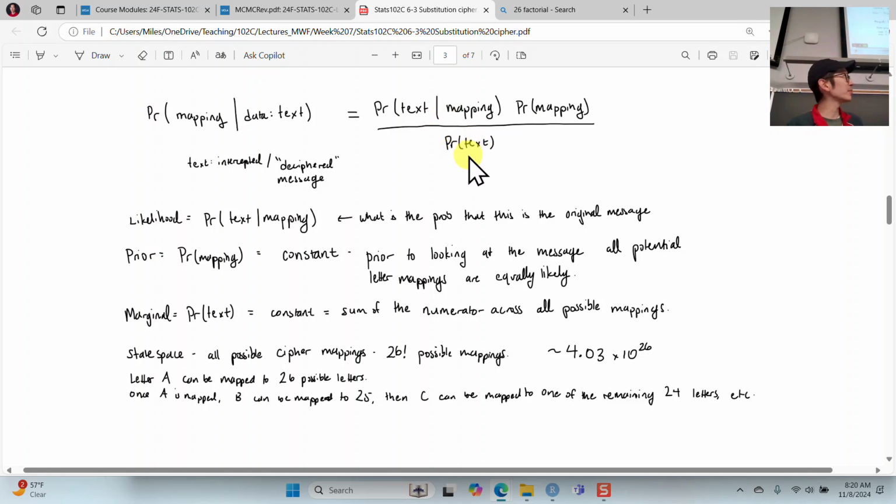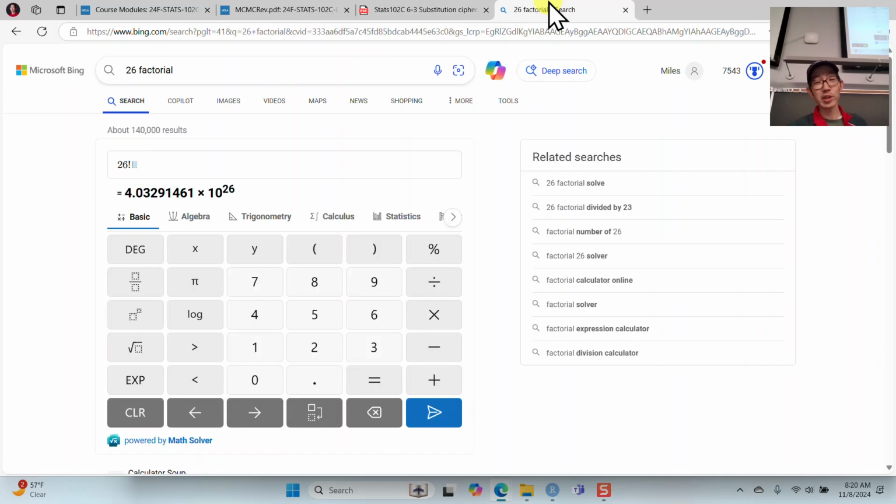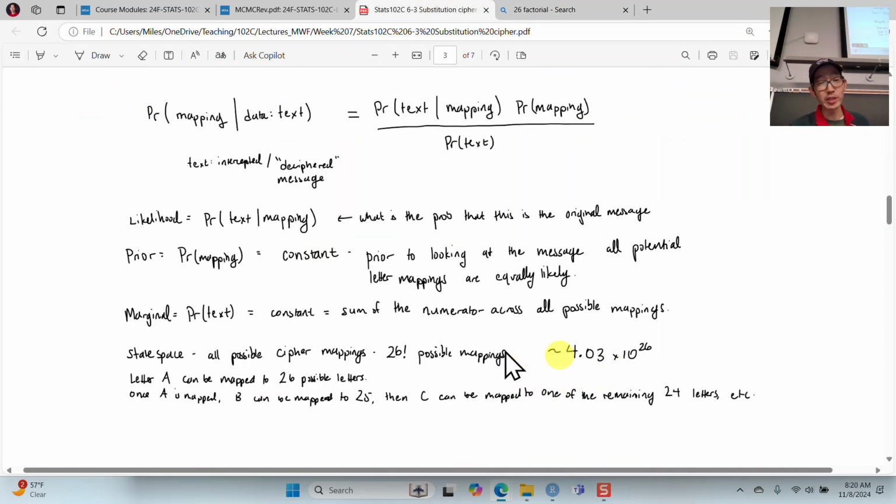And then this marginal probability, it's just what is the probability of the original text? That is also a constant, okay? It is the sum of the numerator across all of the possible mappings. And as we saw, 26 factorial is a really big number.